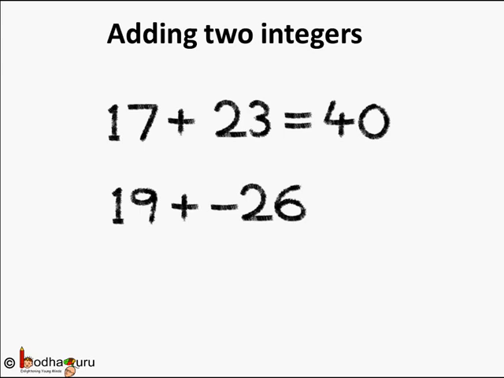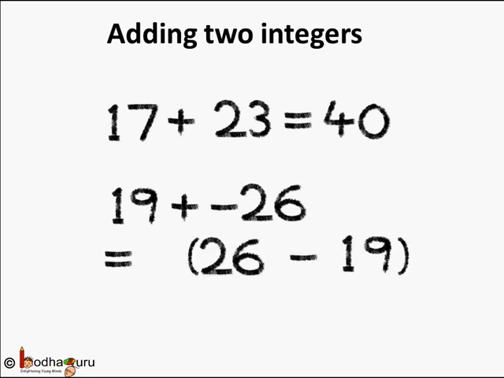19 plus minus 26. Here we are adding one positive and one negative integer. So we get 26 minus 19, and we need to put the sign of the number which has the higher absolute value, which is 26.